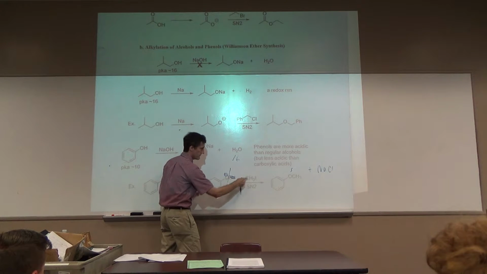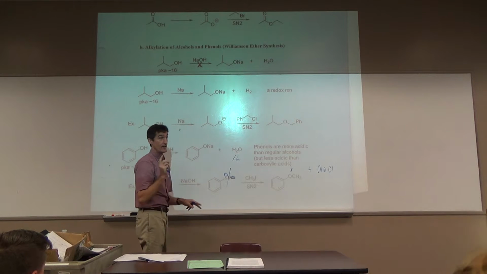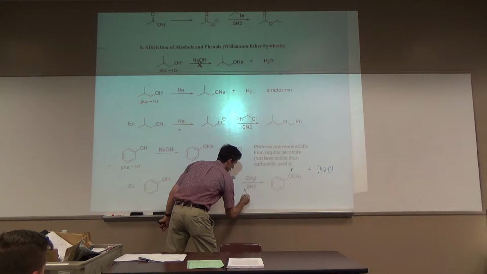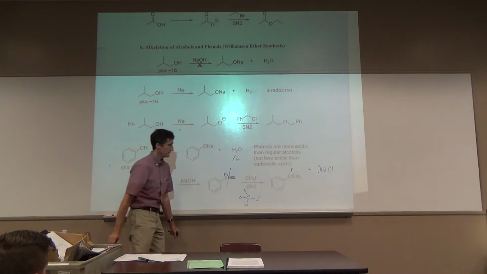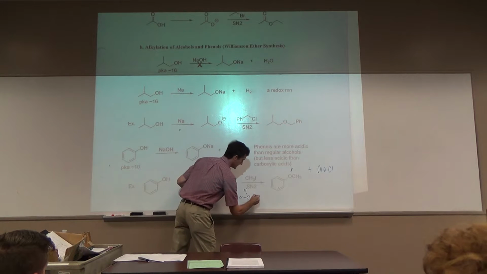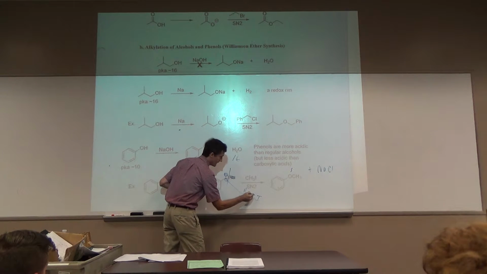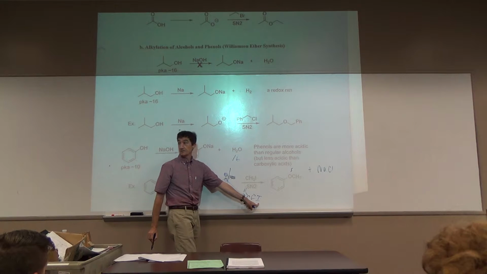And these electrons, okay, methyl iodide. That's some very reactive stuff. Methyl iodide. Why is it so reactive towards SN2? Iodine is your best leaving group.